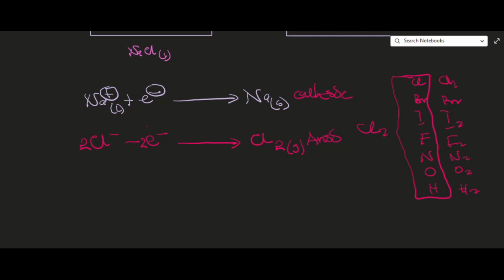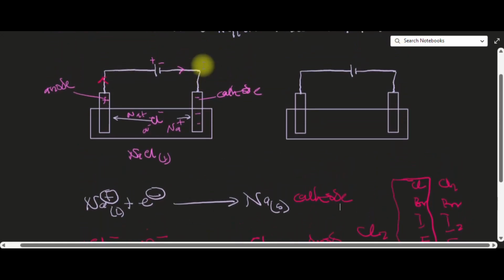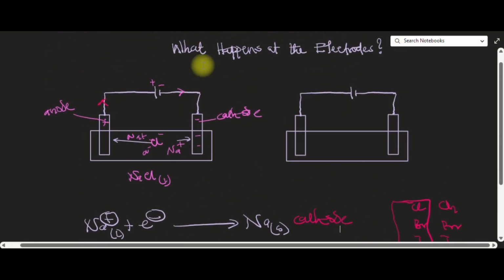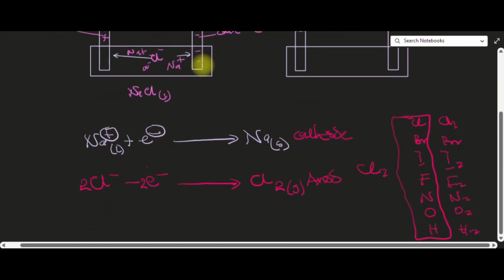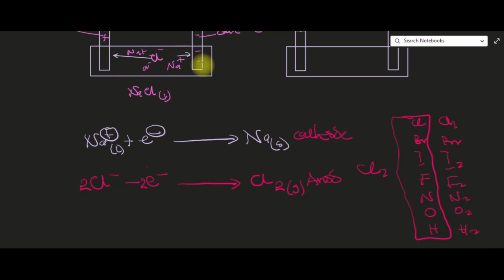Any other question they may ask you regarding this is, what is going to be the product? It is very, very easy. The product at each electrode of electrolysis of molten salt is going to be the element that comes together to give you that molten salt.